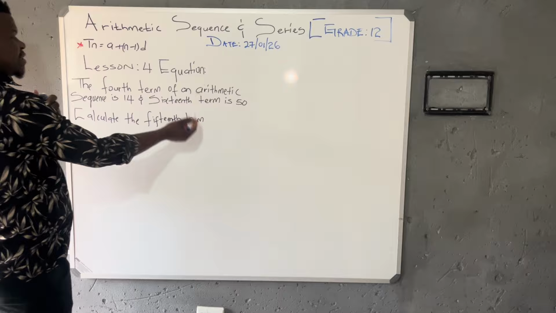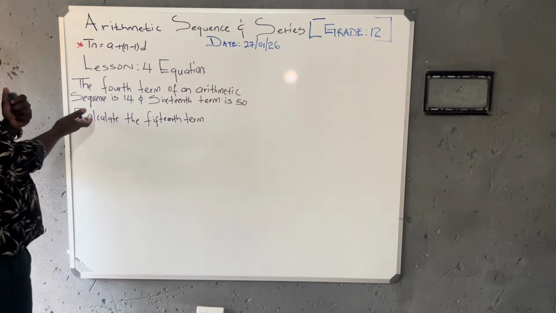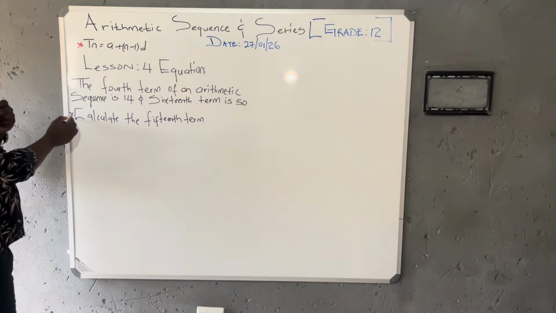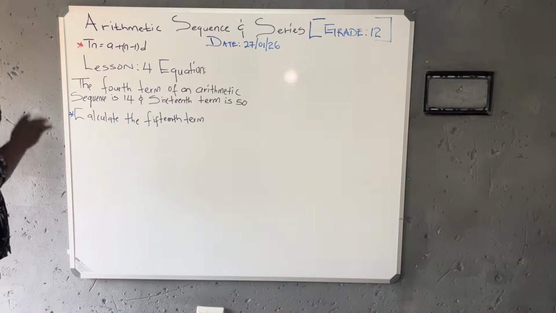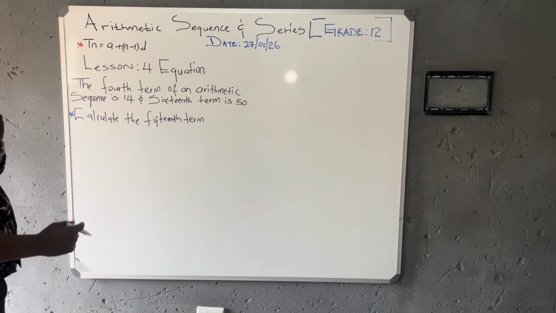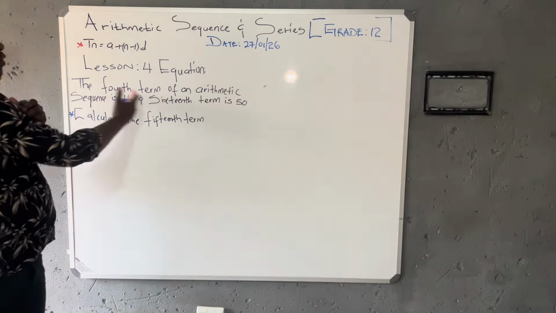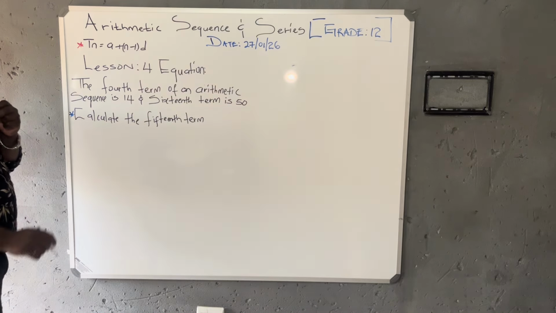Calculate the 15th term. So basically, they can ask any question apart from the one that they're asking here. They can ask any question, so expect the unexpected. Just master how to convert what you are given into equations.